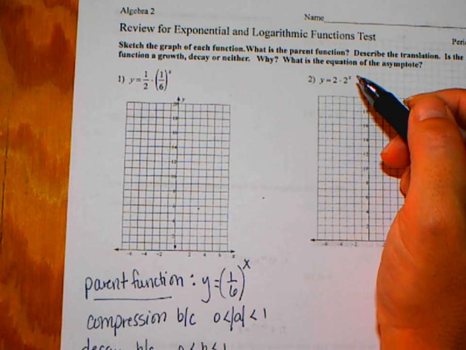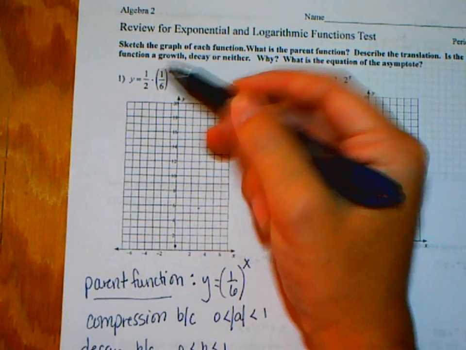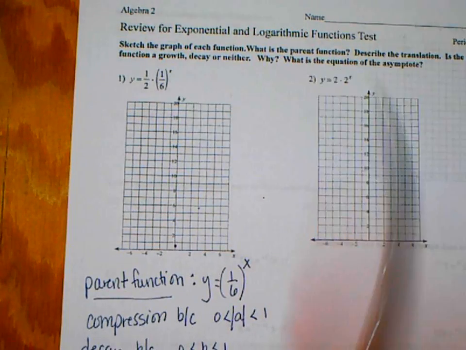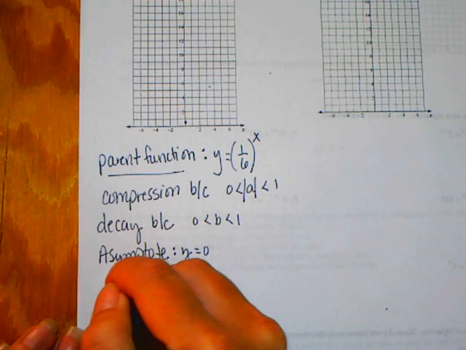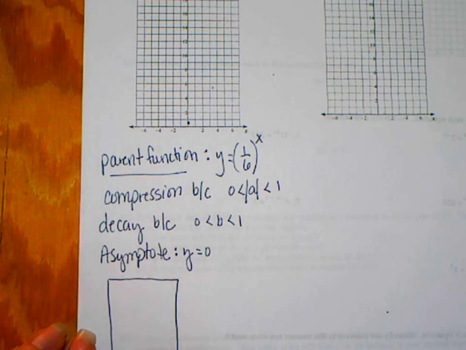Alright, so I have a general idea of what it's going to look like, but let me go ahead and find a few ordered pairs, and I'll just plug them into my equation and figure out exactly what my graph is going to look like. I'm going to start with the regulars.